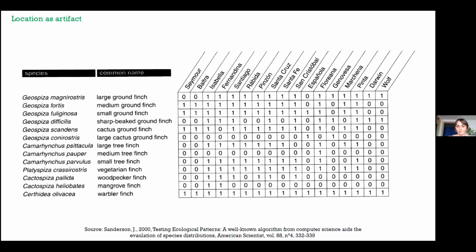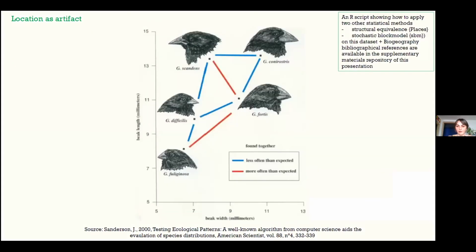So he came up with a new methodology to do this. And comparing the actual matrix with random matrices, he showed that some birds were less often together than we would have expected if the situation was random.